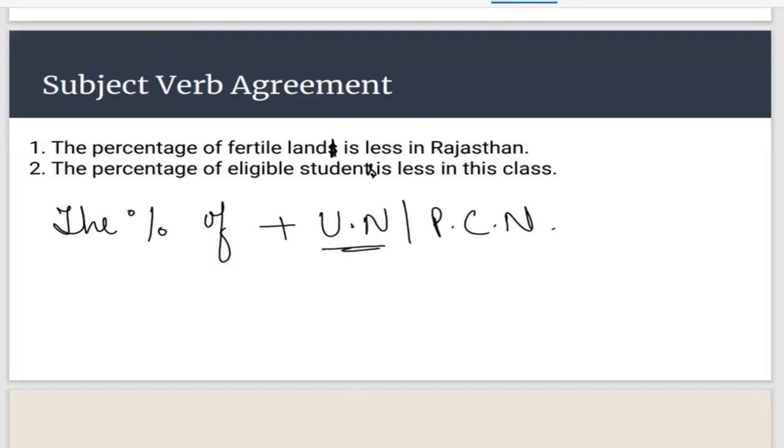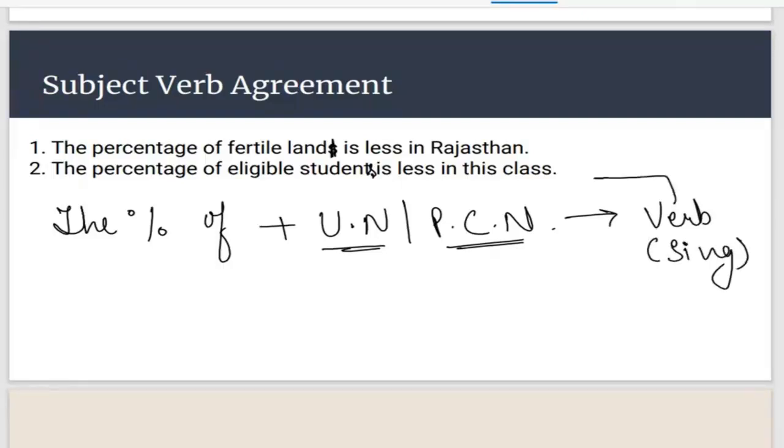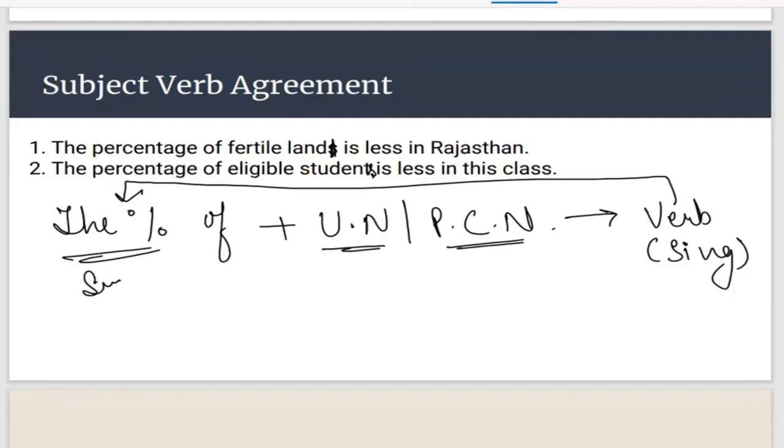But the verb used after it will always be singular, because the verb agrees with the word the percentage, and the percentage is considered a singular subject.